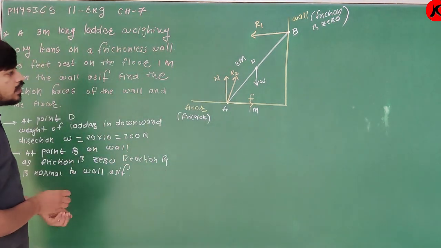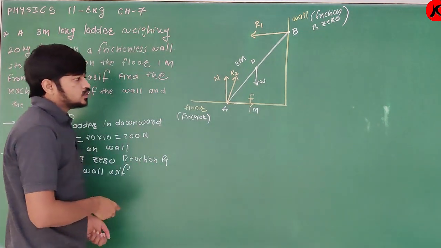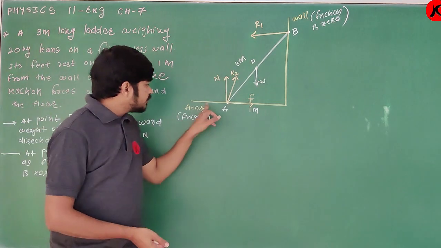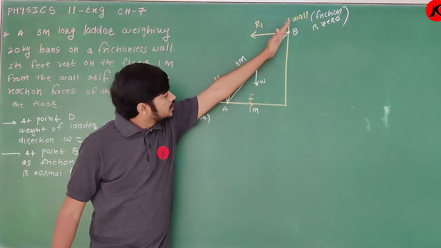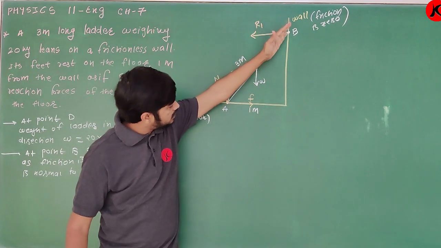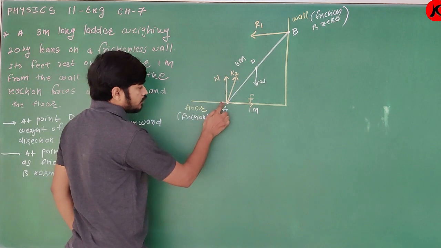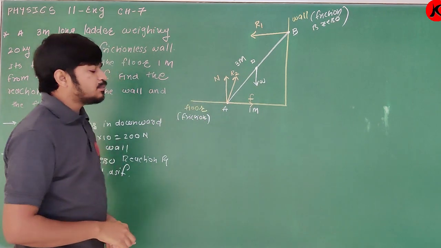Now, one question: why is friction in this direction, towards the wall? Because if this floor is frictionless, this ladder's impending motion is in this direction. Yes, this point A will move in this direction, so that is its impending motion.